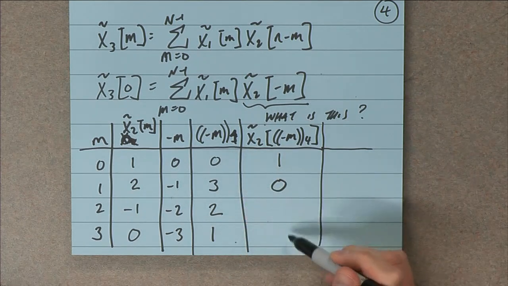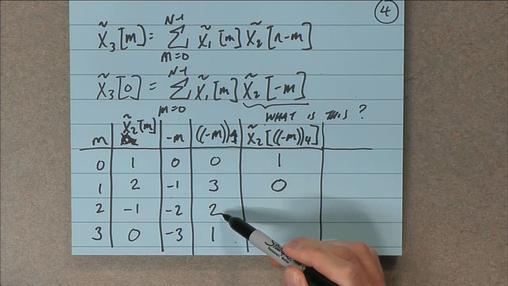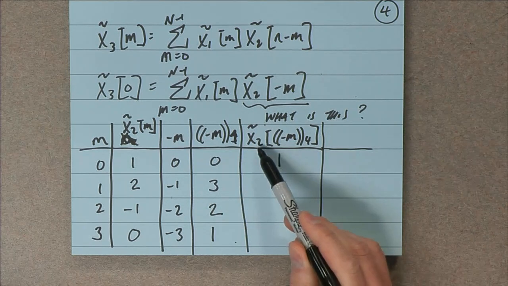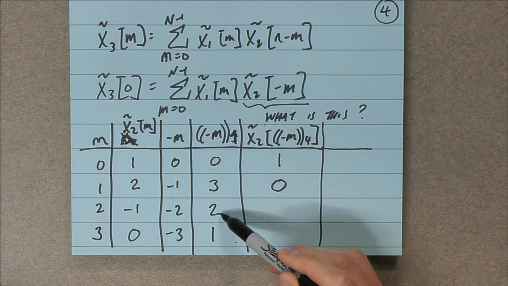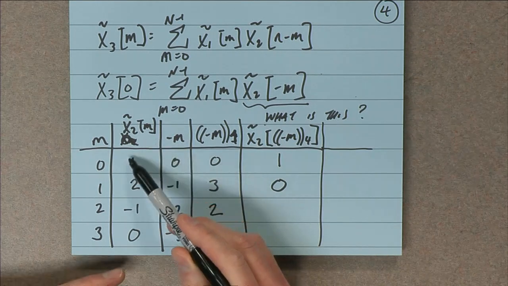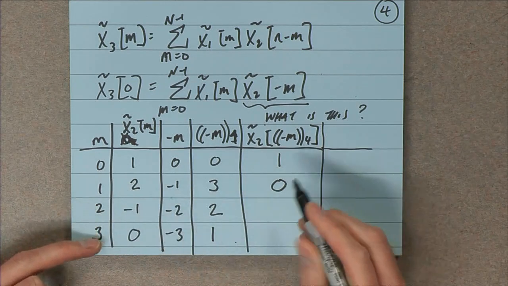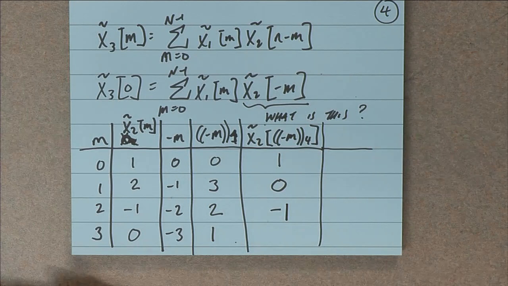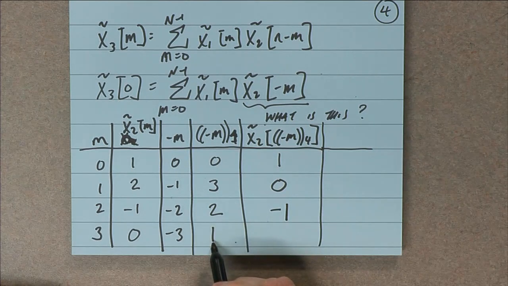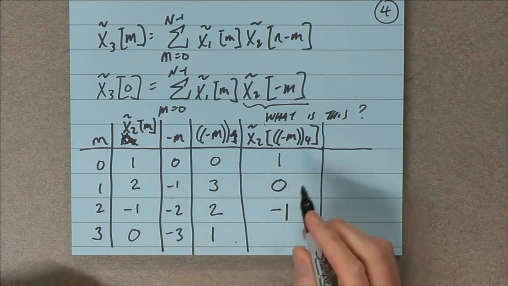We're just trying to fill in this table of what things look like. So 2 is our next one, and 2 is the index into this. What is the value of x2 tilde of 2? Well, luckily I already wrote that down over here. When 2 is the argument, x2 tilde is minus 1. And our final one is 1. When m is 1, x2 tilde of 1 is 2.